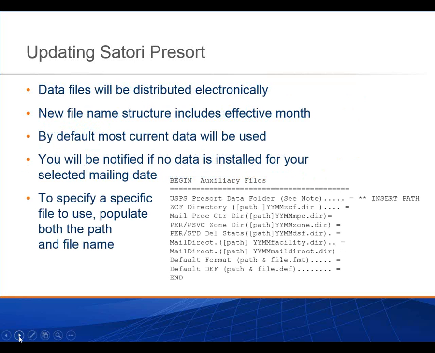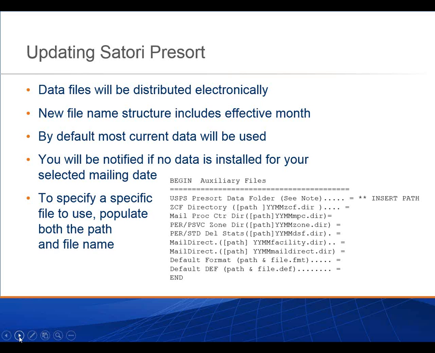For those of you that are using Satori Presort, there's going to be a new release of that product that is going to have some changes that will allow you to specify just the folder where the Presort data files are located, and there will be an option available where you can let Presort automatically pick what the right directory is for you.